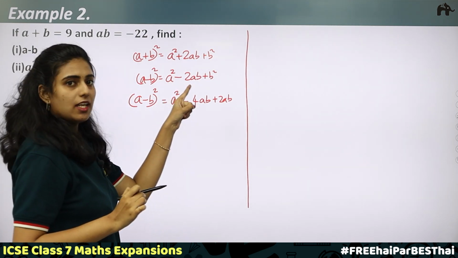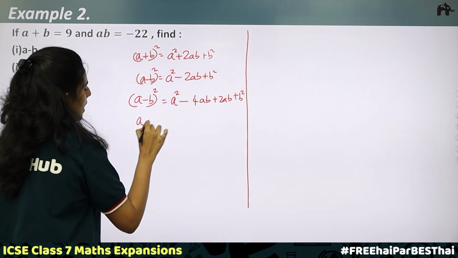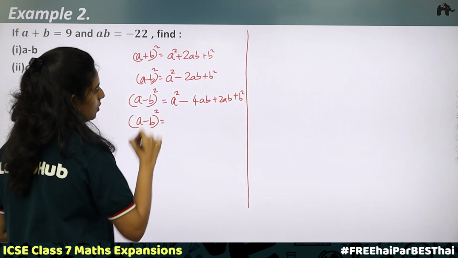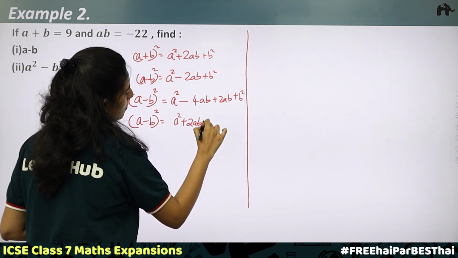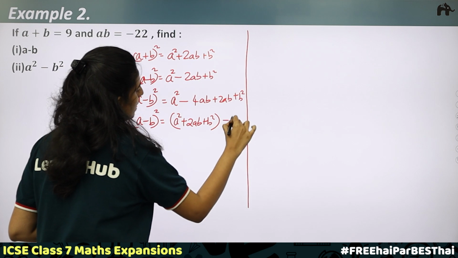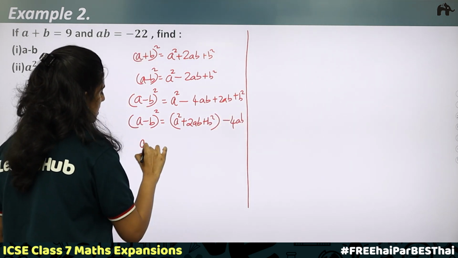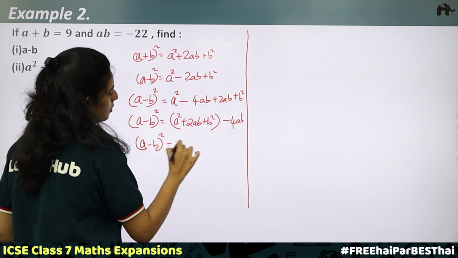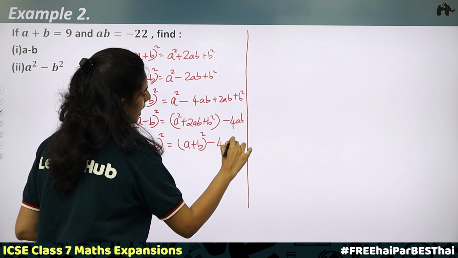Only then will I get minus 2ab plus b square, so (a minus b) whole square is equal to a square plus 2ab plus b square minus 4ab. This is (a minus b) whole square equal to (a plus b) whole square minus 4ab.